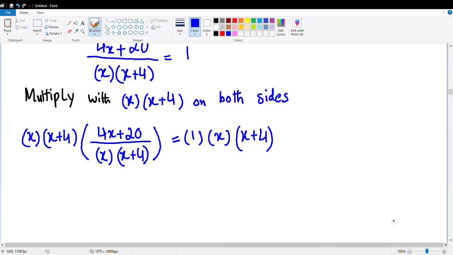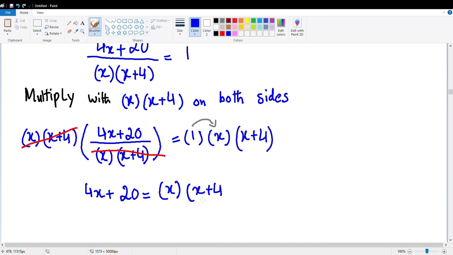Now you can see that obviously these are going to cross, so we're going to cross them. So let's write 4x plus 20 over here equals, now we'll multiply 1 into x first, so we get x into x plus 4.